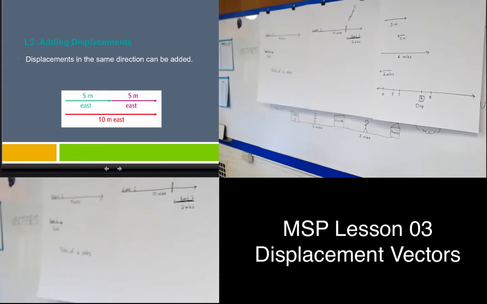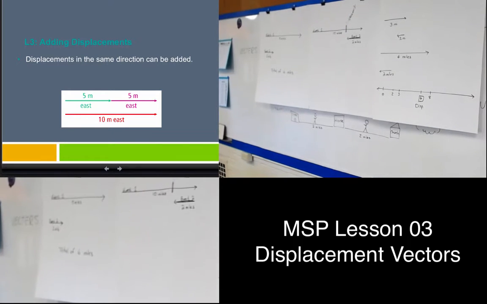Physics is founded on the principles of motion. And how do we describe motion when we draw pictures? We use vectors. Vectors are arrows that represent actual numeric or number values.